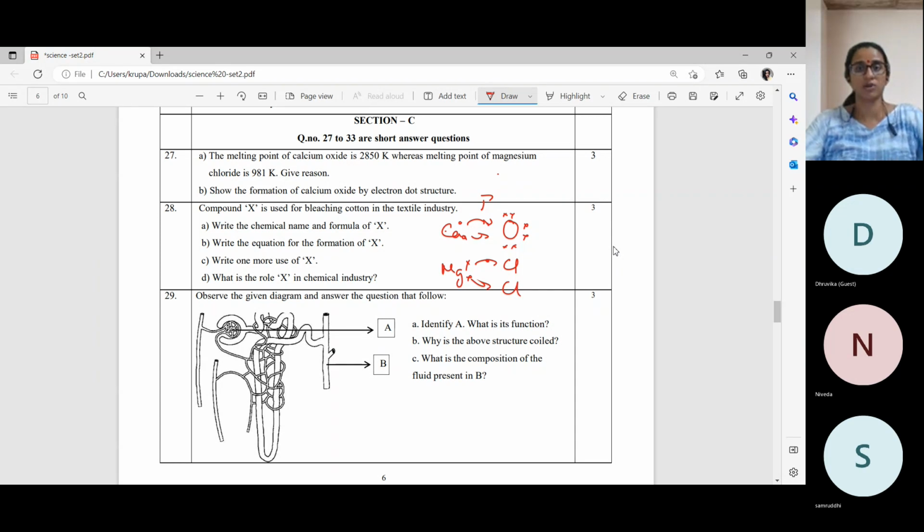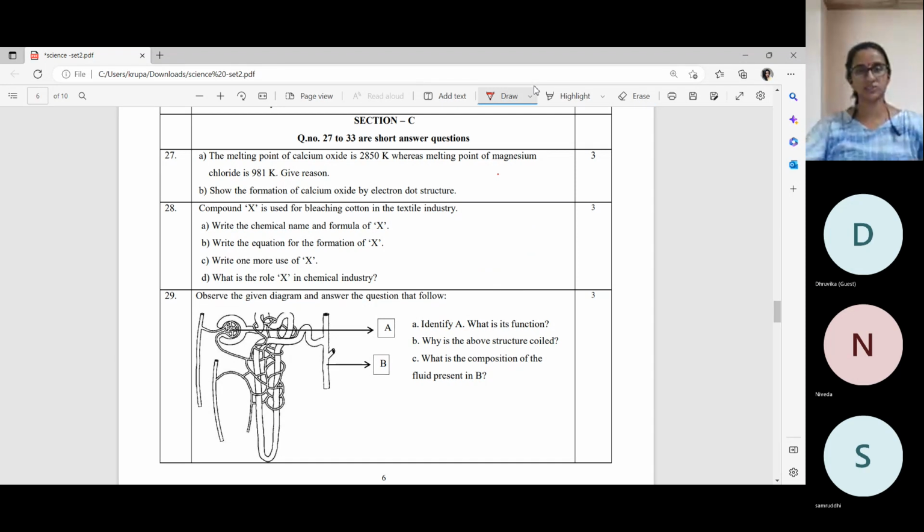The ionic bonding itself is stronger in calcium oxide versus magnesium chloride because two electrons are being transferred, which creates a stronger ionic force between Ca2 plus and O2 minus, whereas we're only transferring one electron to each of the chlorines. Okay. Everyone's okay to draw the electron dot structure of calcium oxide? Yeah, everything's fine.